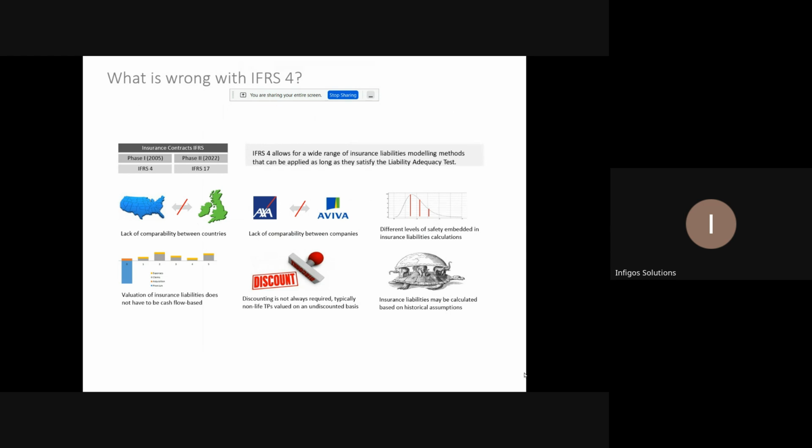Same thing when you go from one country to another country, you could not compare the two, which could help in doing company acquisition, comparing companies in the stock market, or doing mergers and acquisitions. Sometimes discounting was applied, like in the UK and Europe. But in countries like India, Indonesia, Malaysia, etc., discounting was not applied in calculation. So insurance liabilities were calculated based on historical assumptions.